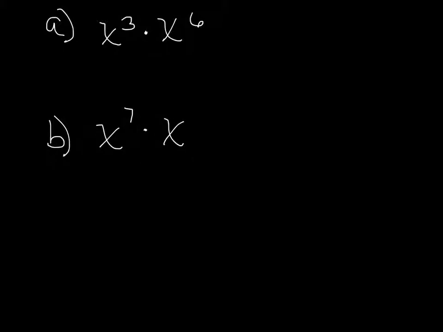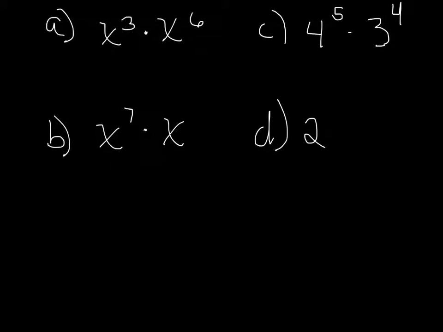And then Debbie, if you're showing this in class, pause it after I write out A, B, and then we're going to do C and D. Give the students a chance to solve it, and then resume to see if they did it right. And C is going to be 4 to the fifth times 3 to the fourth, and D is 2 squared times 2 to the fourth.